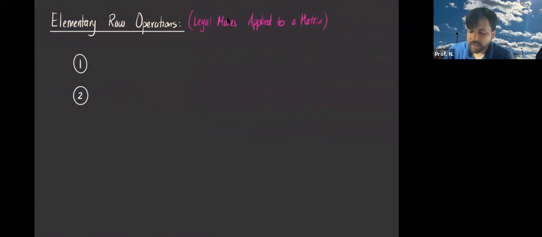At first, these operations may sound kind of strange, but then hopefully you see the connection with what you've been doing already with elimination. You've already been doing row operations without knowing it. So the first one is that you can multiply a row by a non-zero constant.